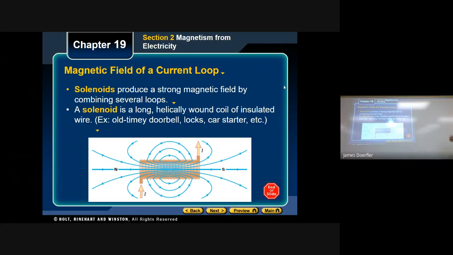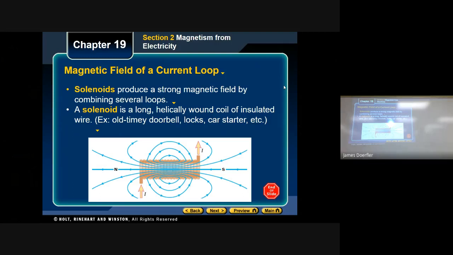Some examples where we see solenoids are an old tiny doorbell. These days you have digital doorbells, wireless doorbells that just use a digital chime. But if your household still has the old kind where it's got the box and the little metal chimes inside, a hammer is actually hitting those chimes. It works by a person pressing the doorbell button.